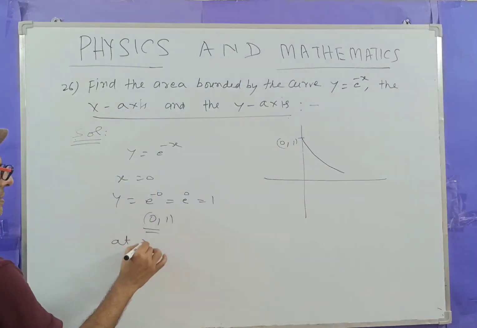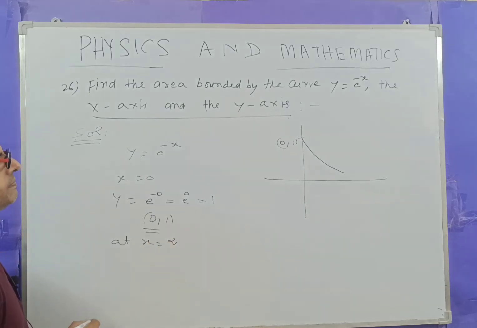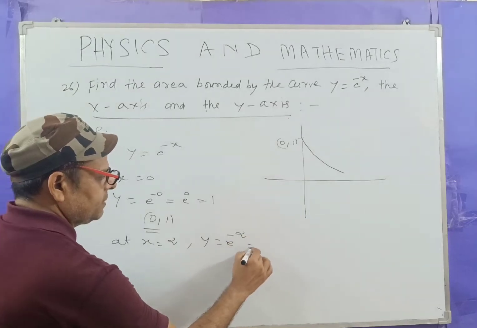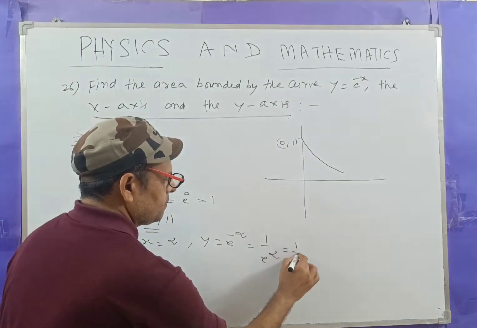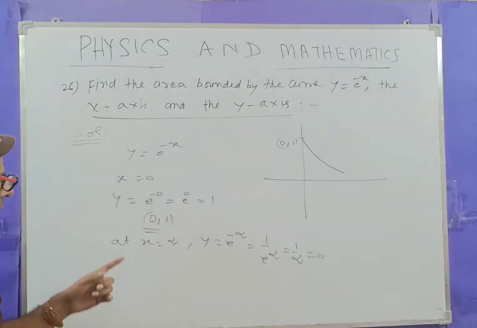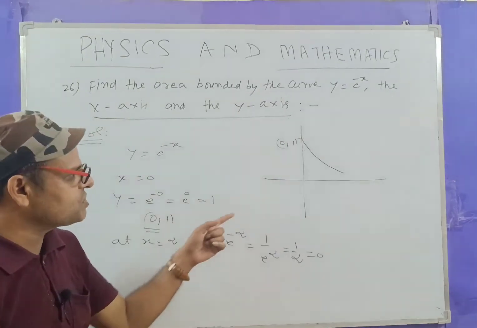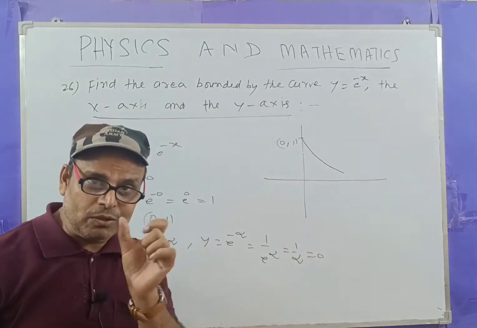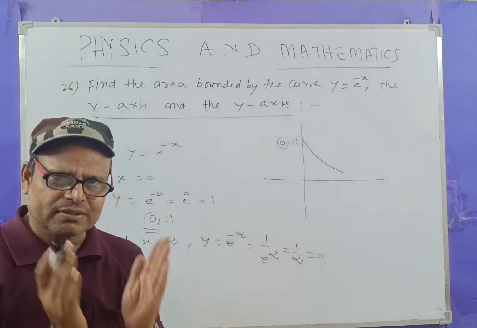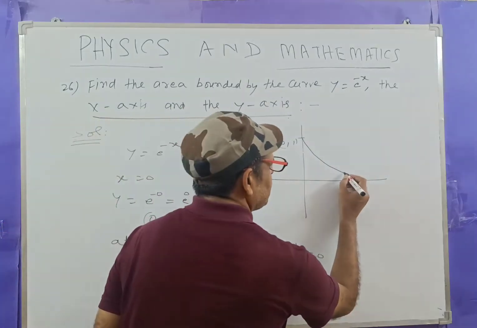Again at x is equal to infinity, y will be equal to 1 by e to the power infinity, which is 1 by infinity, equal to 0. That means when x approaches infinity, not equal to infinity, but approaches infinity, but for the sake of convenience we can write x is equal to infinity.